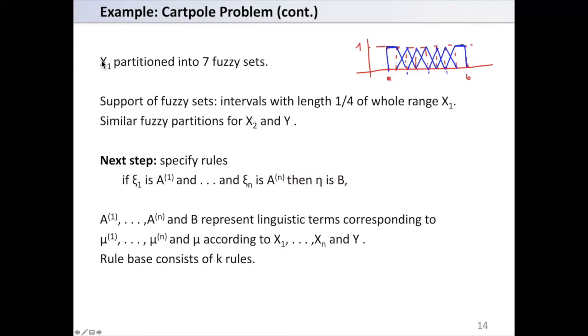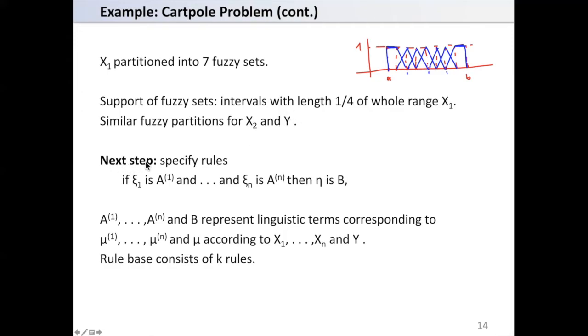As an example, consider the Cartpole problem and assume that the reference set is partitioned into 7 fuzzy sets. The supports of the fuzzy sets are intervals with length 1/4 of the whole range of x1, with similar fuzzy partitions for x2 and y. Notice that this corresponds to angle theta, this corresponds to the derivative of theta, and this is the output.